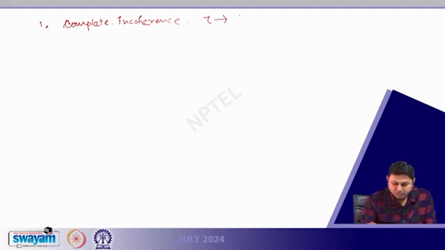So 1. We write complete incoherence. So what is the meaning of complete incoherence? When this tau tends to tau naught. That means the value of mod of gamma tends to 0.